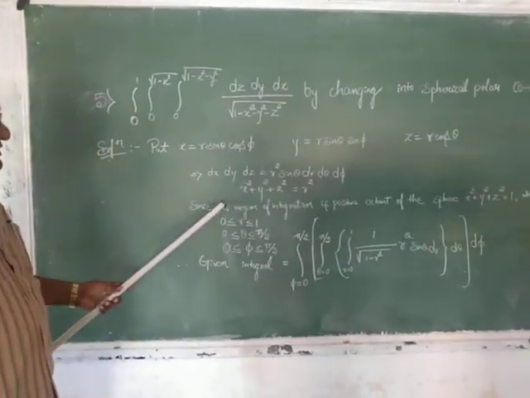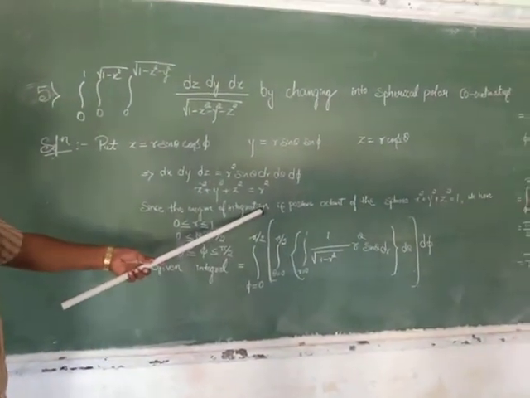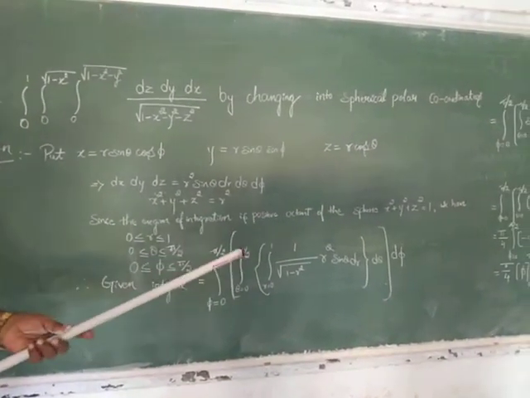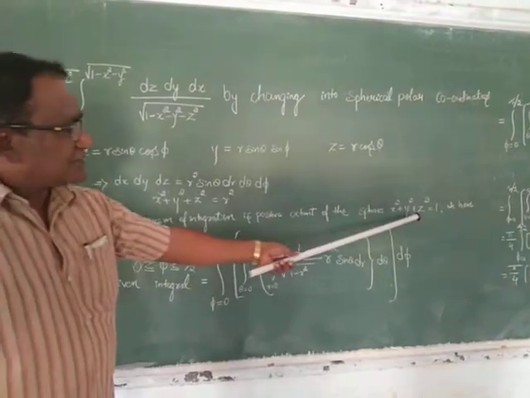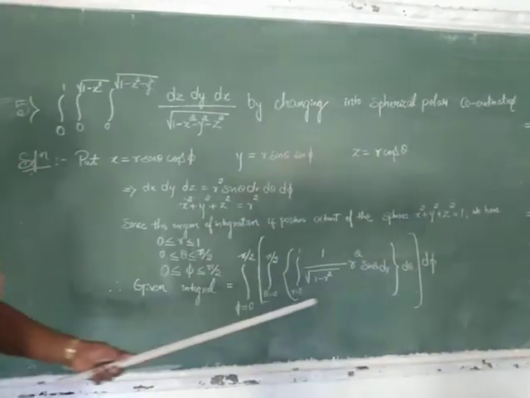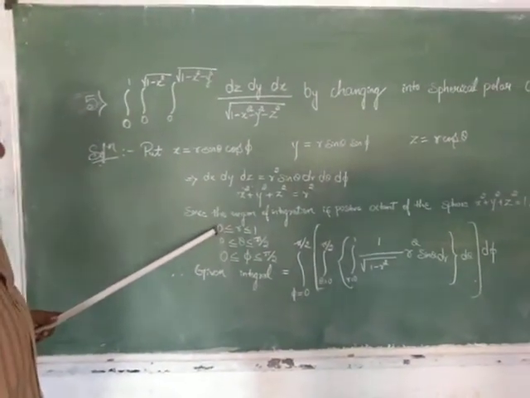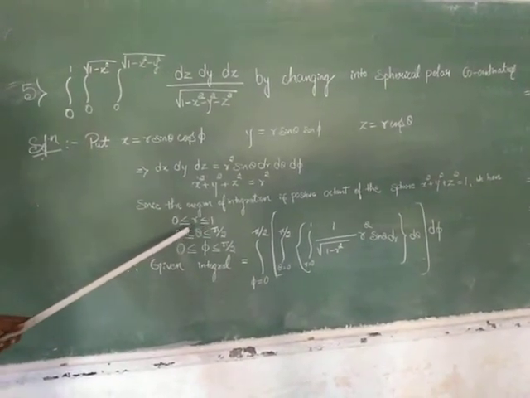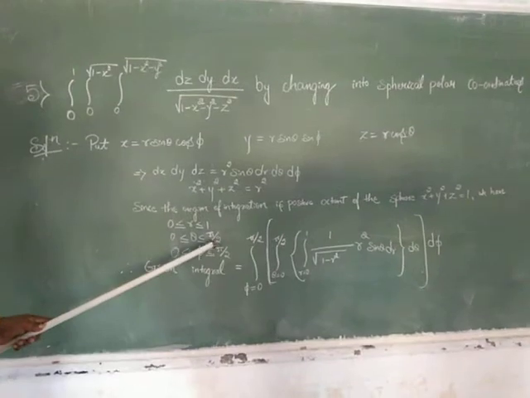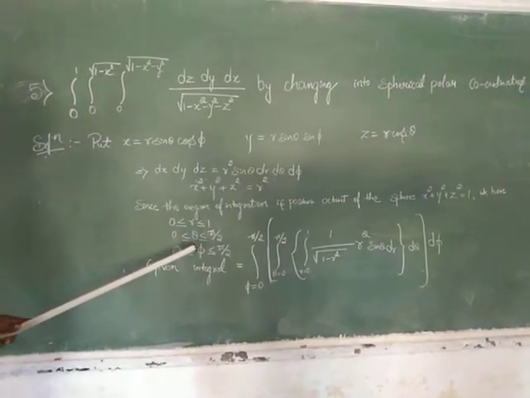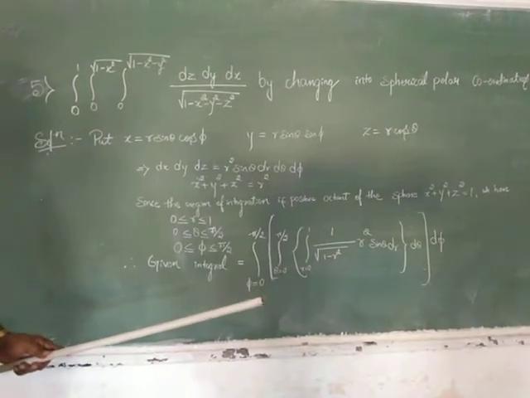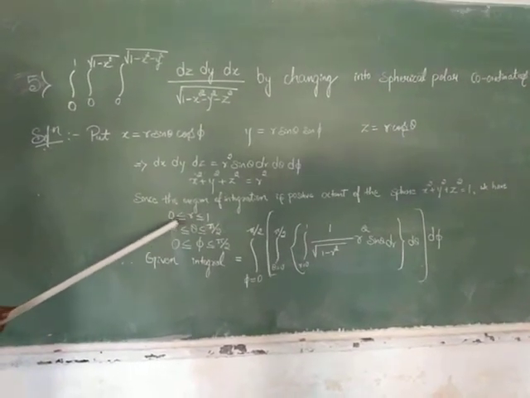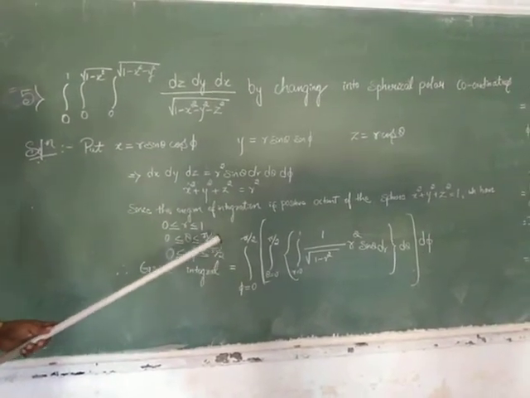Since the region of integration is the positive octant of the sphere x squared plus y squared plus z squared equal to 1, r varies from 0 to 1, theta varies from 0 to pi by 2 and phi varies from 0 to pi by 2.